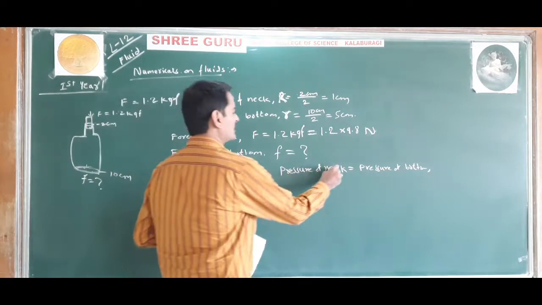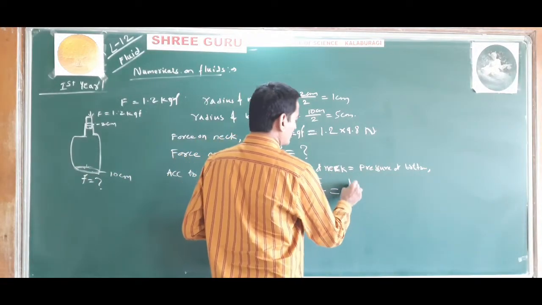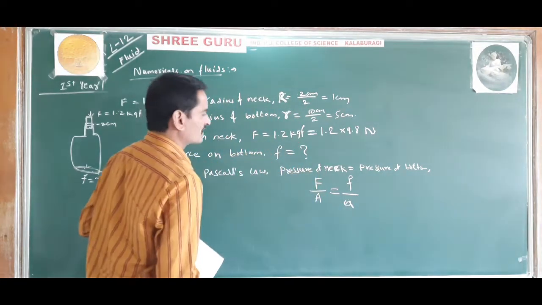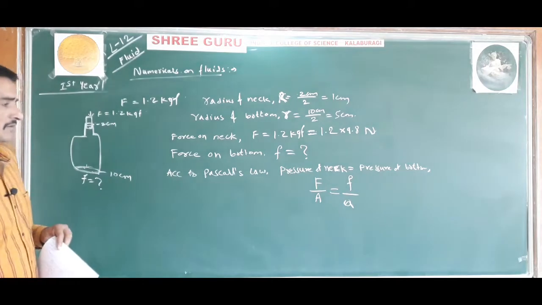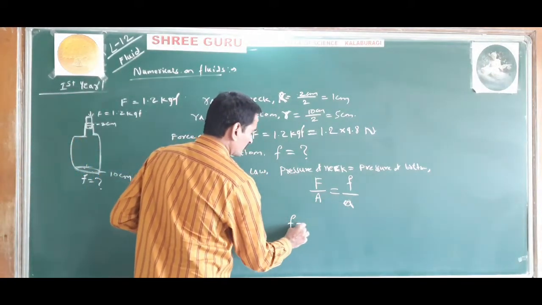So pressure at neck is force divided by area, and pressure at bottom is force divided by area. We want the force at bottom, small f.